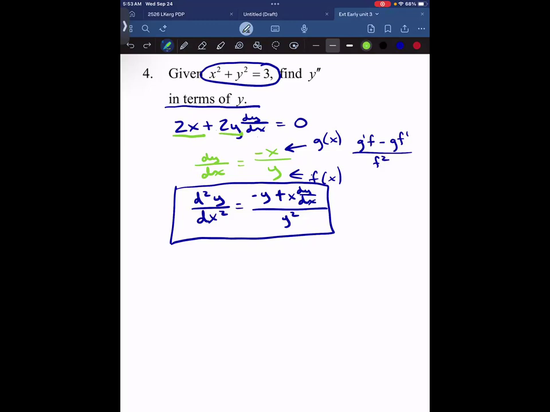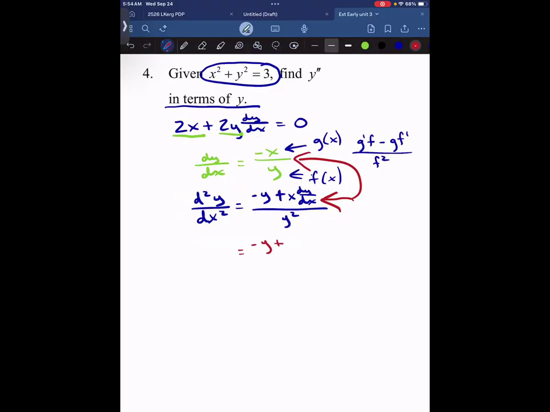So I boxed it, but I have to undo that box. Right now we have this dy/dx in the problem. We can't have that. So we know what dy/dx equals, and that has to be plugged in for it. So we have negative y plus x times negative x, over y squared.